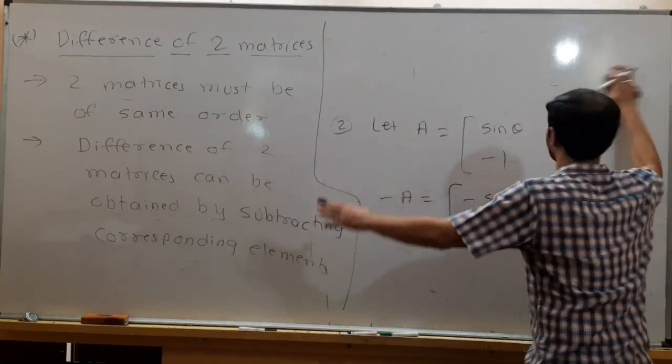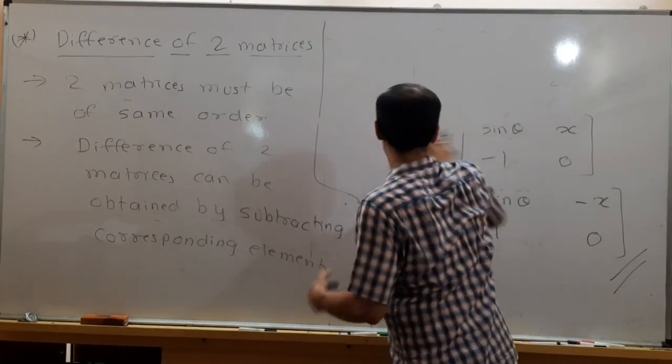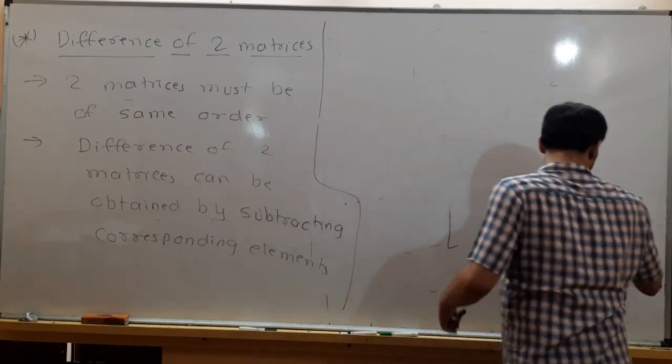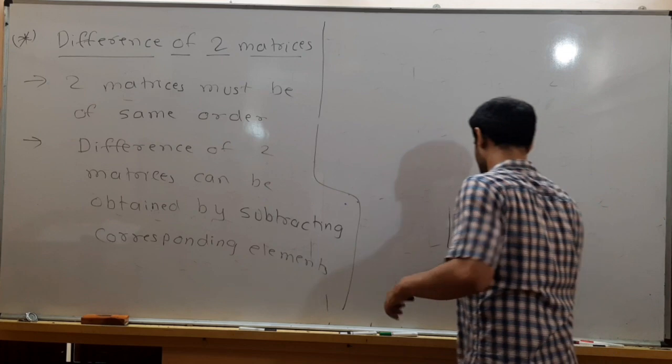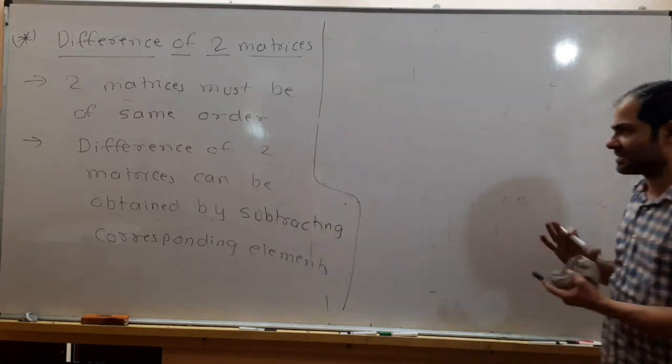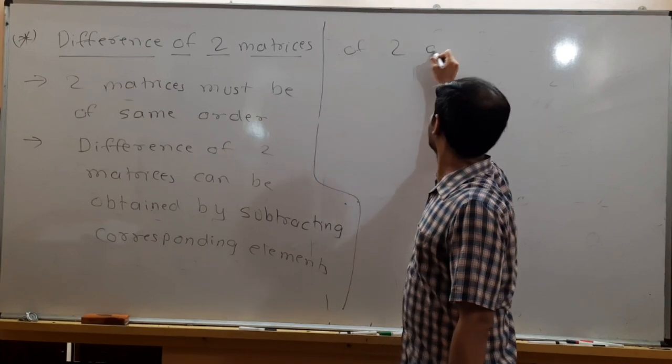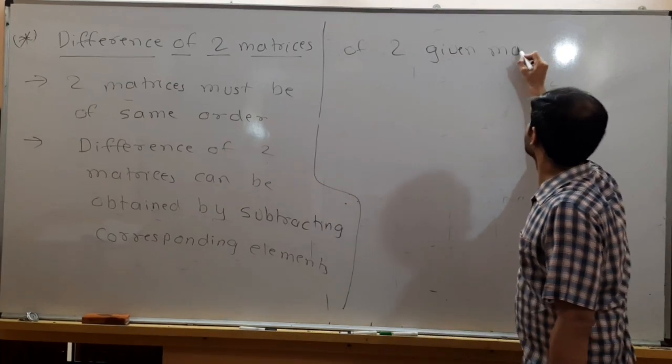Please don't get confused by what I have written over there. I just wrote it for those students who want to make some notes in detail. Ultimately, it is very simple: by subtracting corresponding elements of two given matrices of same order.